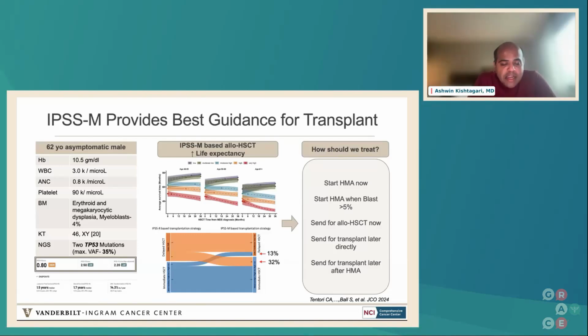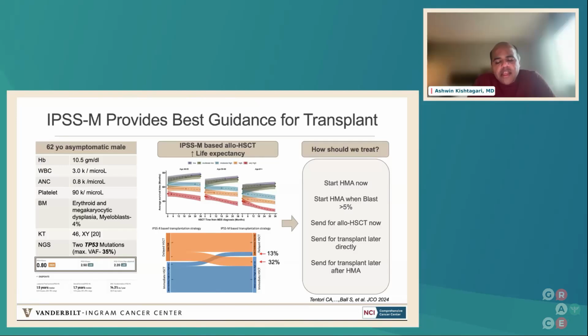At Vanderbilt, we have transplanted patients who are in their late 70s as well, if they have a good performance status and no comorbidities. And we just do not take one particular age cutoff in determining their transplant candidacy. We take both the comorbidities and the performance status into consideration.